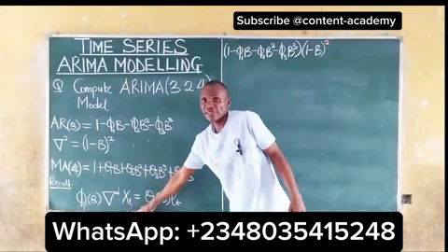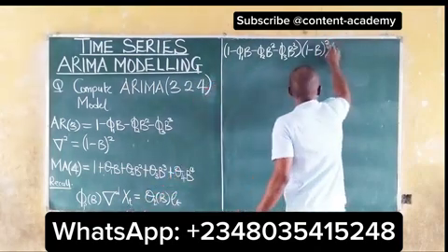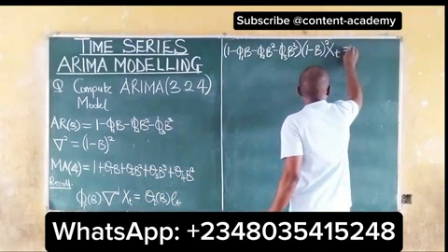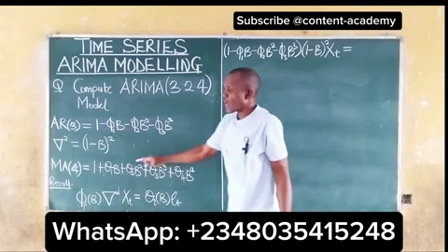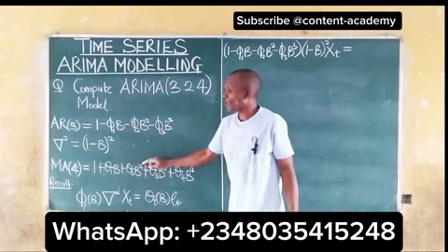We also have our Xt part, the time series Xt, which is equal to, now we have the MA part, the moving average part, which is of order 4.